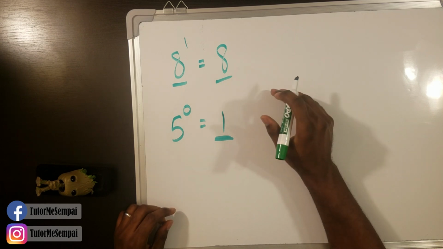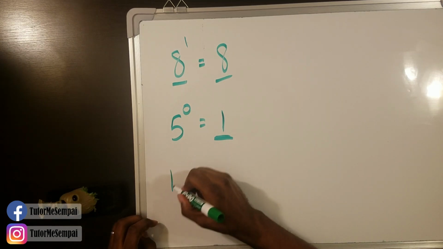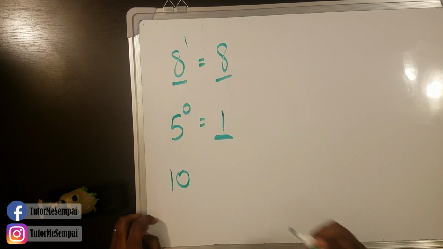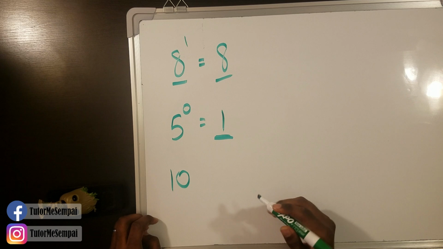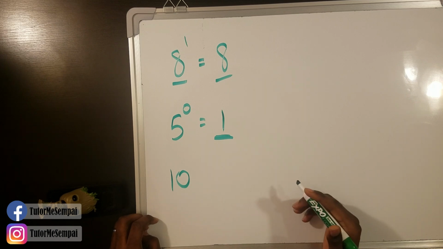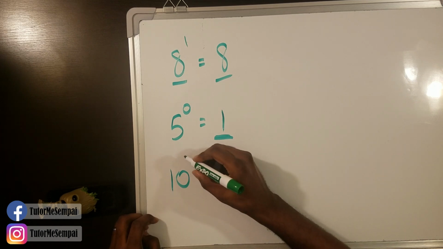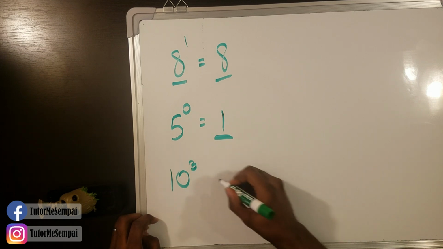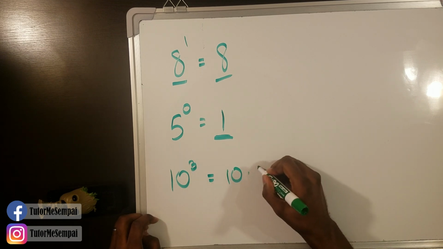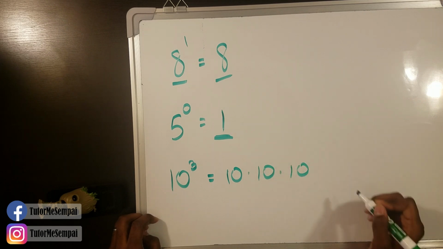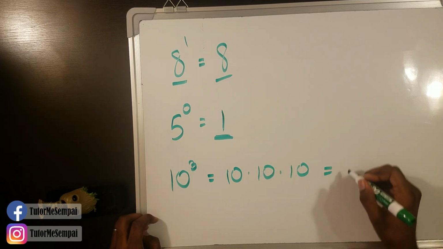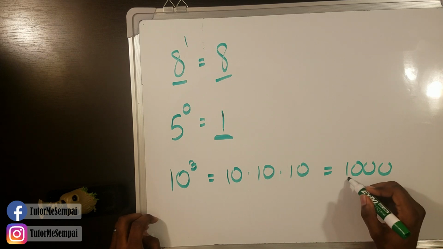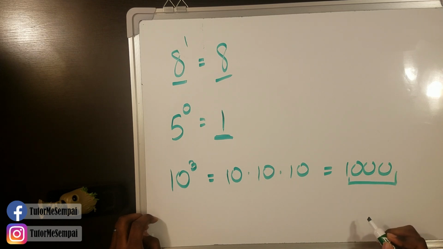My next tip is for when you have a base of 10. Because of how you multiply 10, the exponents when you have a base of 10 are very easy to calculate. So for example, when you have 10 raised to the third power, that is just 10 times 10 times 10, right? And what is that? That's 1,000, right? Well, what do you notice here?